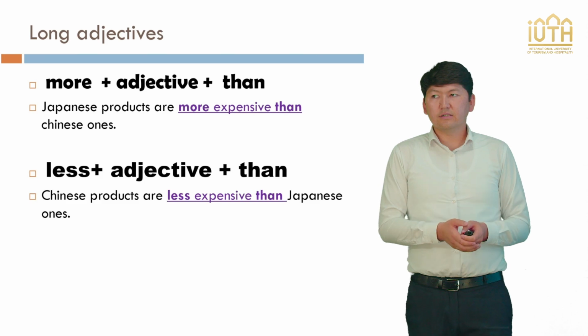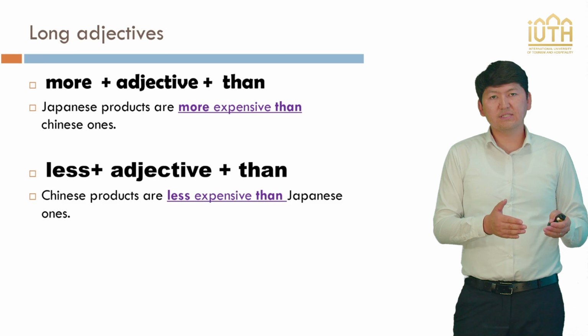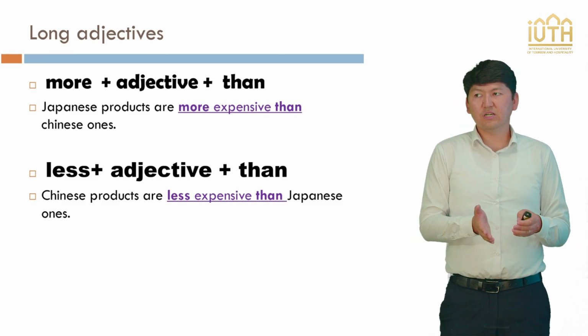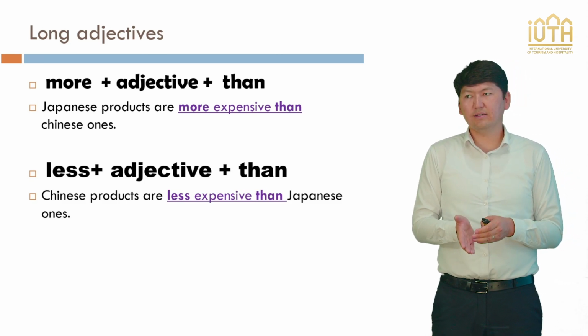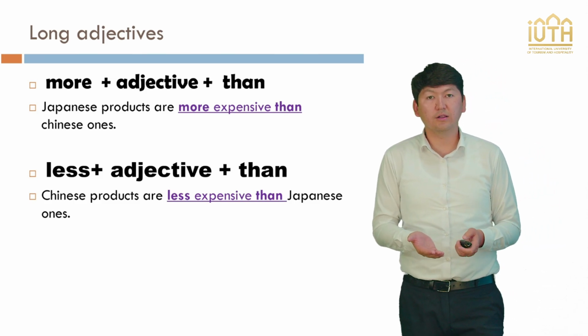And sometimes we add less. For example, Chinese products are less expensive than Japanese. We can use that structure as well.